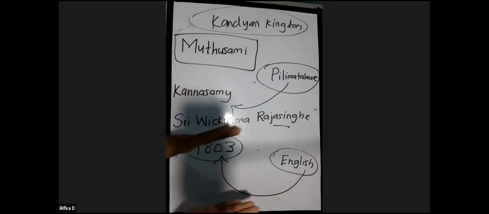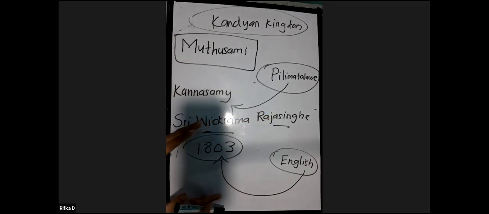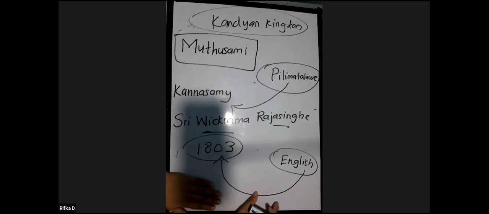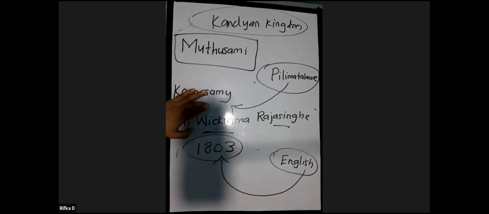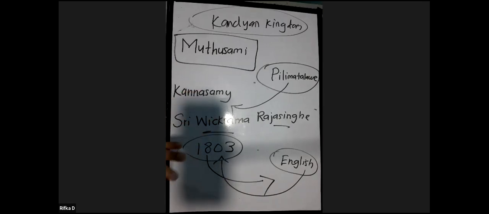So the English invaded the Kandyan kingdom. But with the help of the people, King Sri Vikrama Rajasingha was able to plan properly, and again he was able to chase the English out of the Kandyan kingdom. So mainly it was because of what?